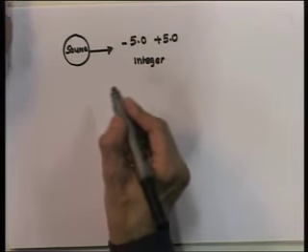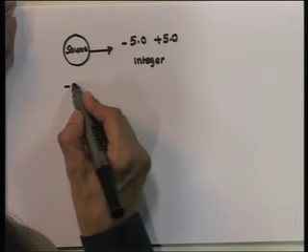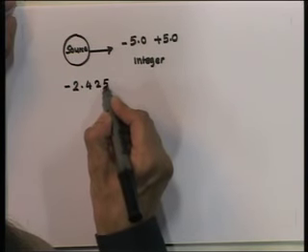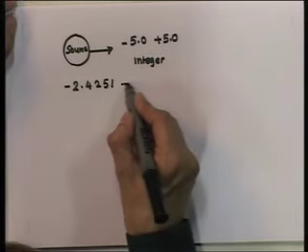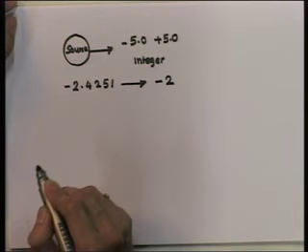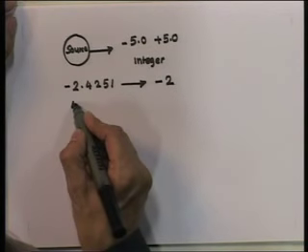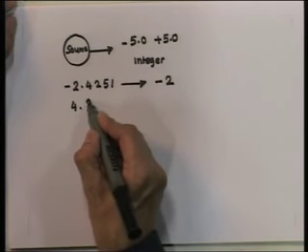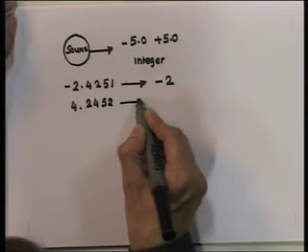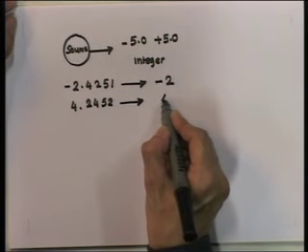For example, if the source output is minus 2.4251, we would represent it as minus 2, and if the source output is 4.2452, we would represent it as 4.